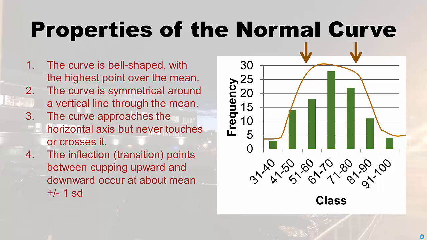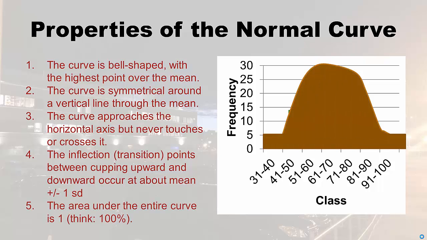Well, the part where it seems to kind of level out and you're at the top of the curve, you start sort of relaxing. That's that inflection point. And as you're going over in your roller coaster and you're in that flat part, and then you start going down, that's the second inflection. So the property of this curve is that you have these inflection points, and they roughly occur at plus or minus one standard deviation above and below the mean.